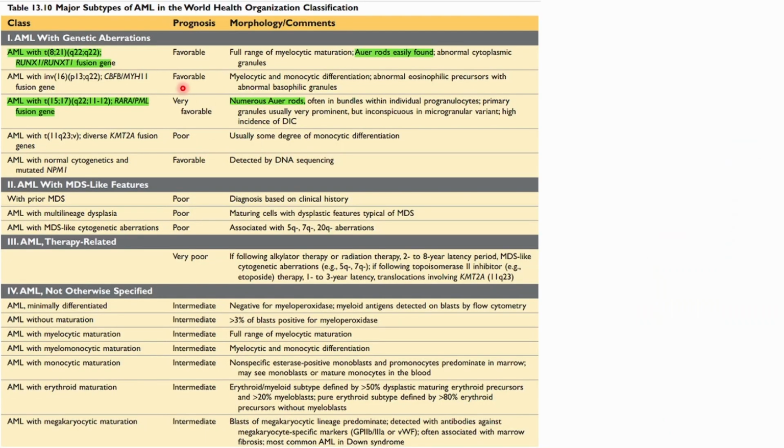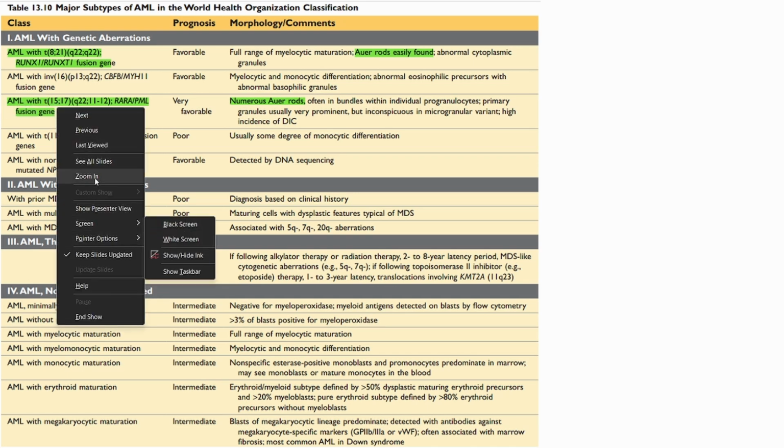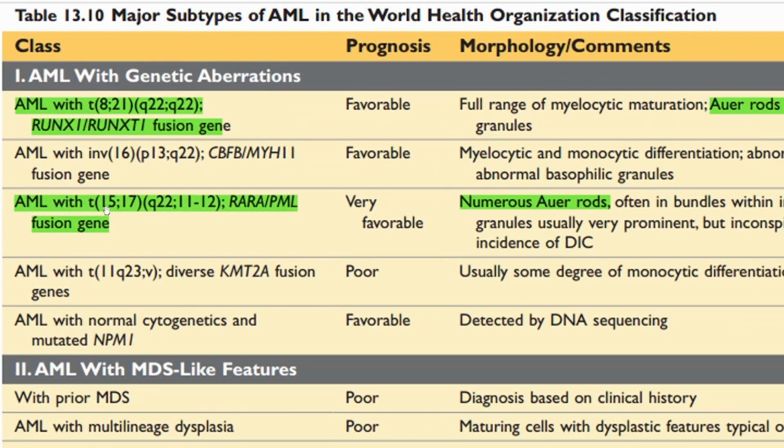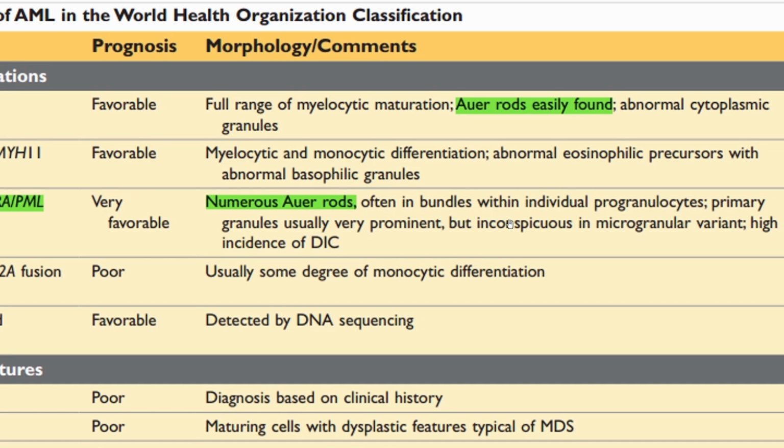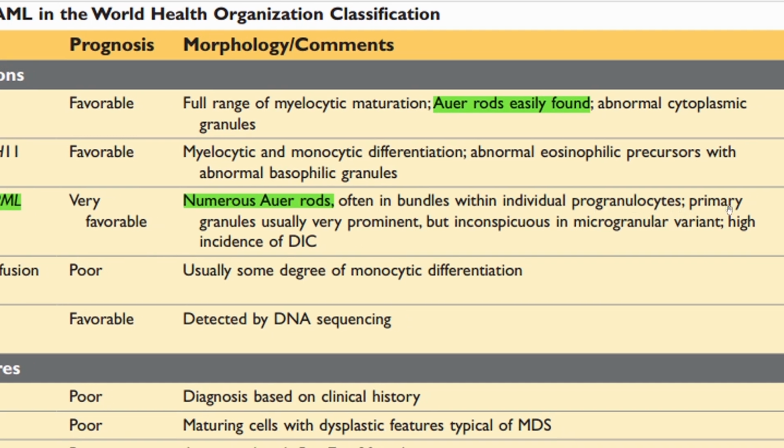Now in the WHO classification, they have nicely explained acute myeloid leukemia with t(15;17). Let's zoom in. t(15;17), PML-RARA fusion gene, that is related to retinoic acid. Here there are numerous Auer rods, often in bundles, with individual progranulocytes, primary granules usually very prominent but inconspicuous.